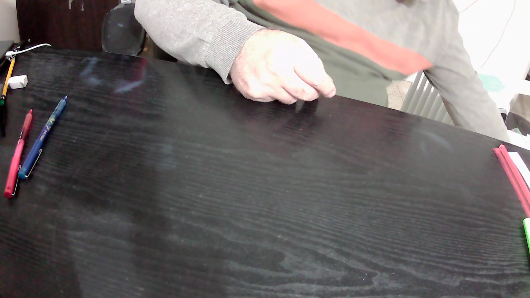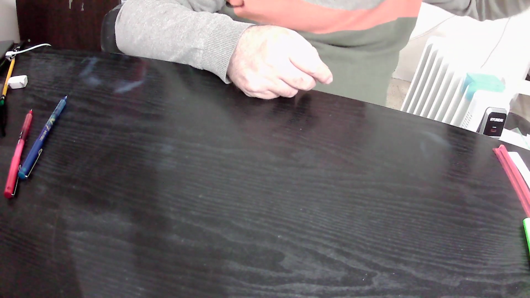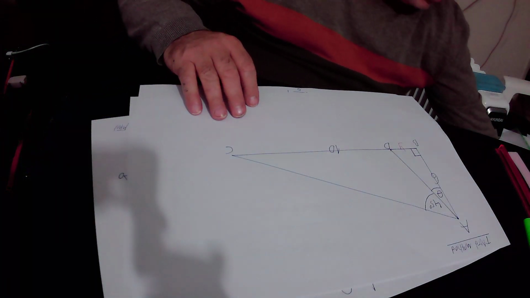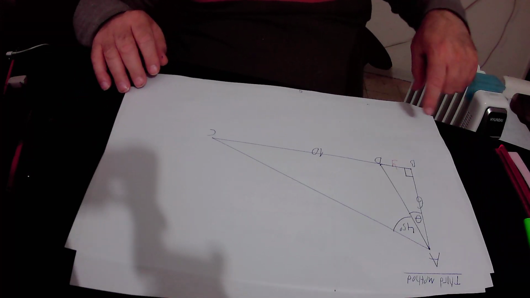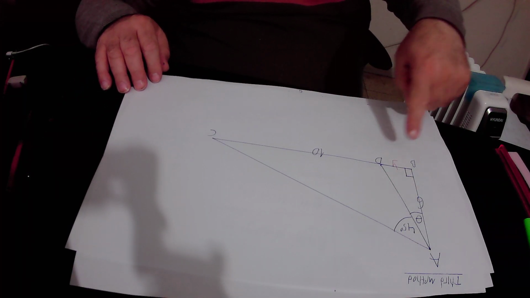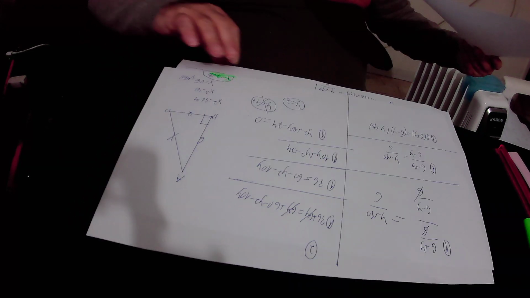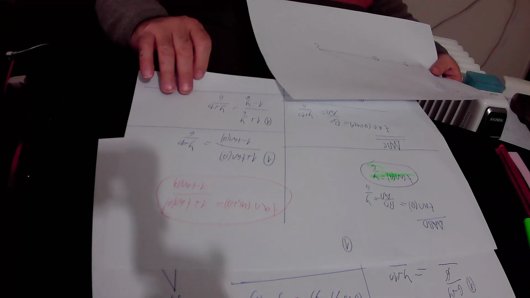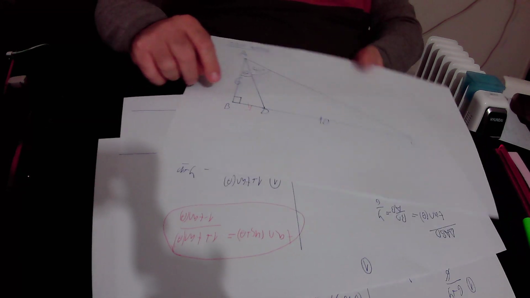Then I presented to you how to find the value of line segment x according to the third method. In the third method, we defined angle BAD as theta and BD as y. And here we know that tan theta equals y over 6.